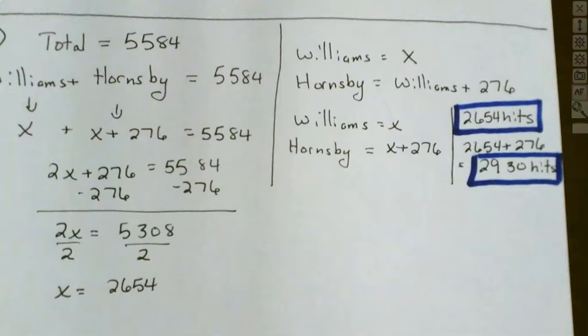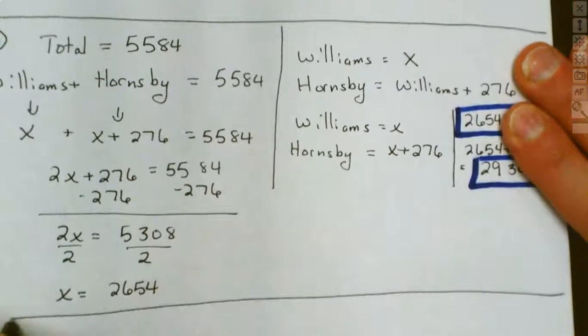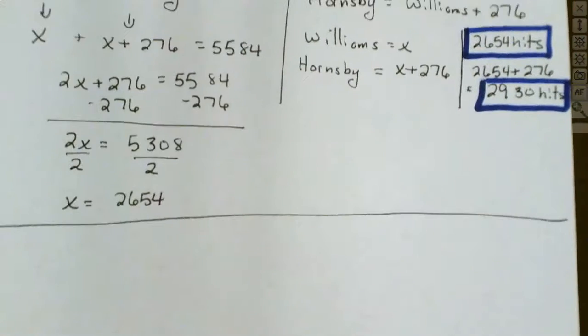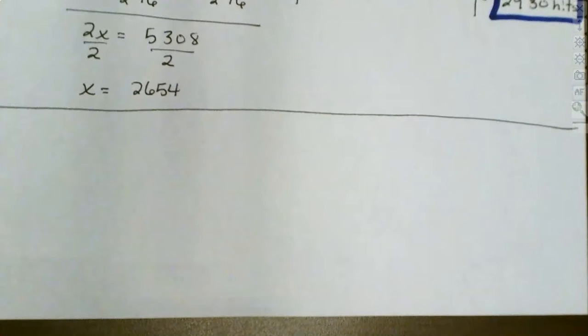What we're going to look at next is percentages. And we're going to look at a real-life example so that you understand how these percentages work. And the example that we're going to look at is sales tax. So let's see how we would solve this problem.